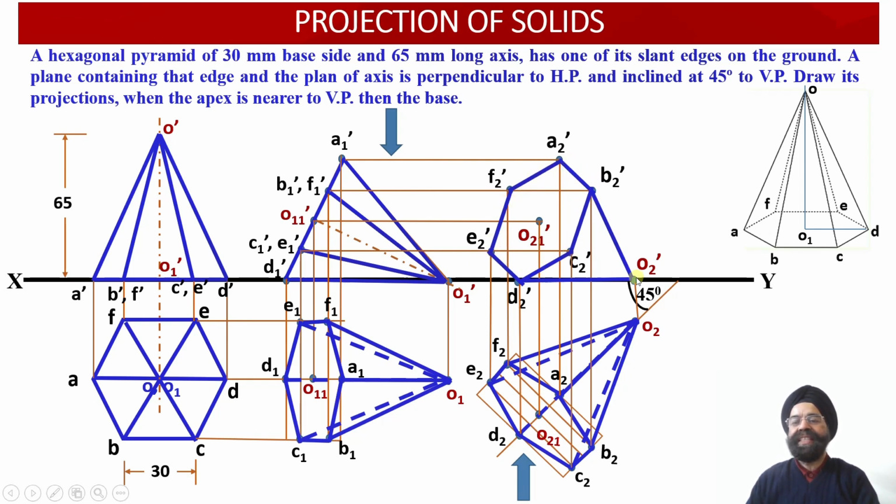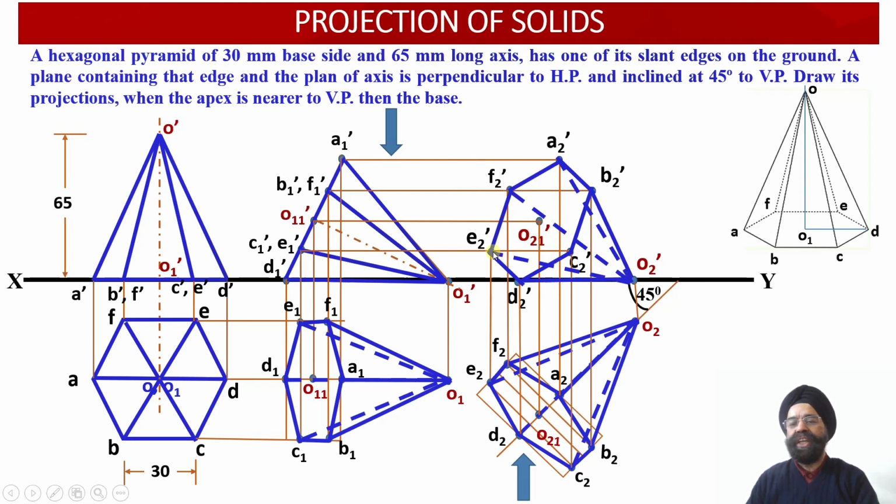Now we discussed that anything joining O2 dash should be joined dotted unless it is constituting the boundary. So please check, O2 dash, D2 dash is constituting the boundary. Similarly, O2 dash, B2 dash is also constituting the boundary. So these two boundary slant edges, O2 dash, D2 dash and O2 dash, B2 dash, are there. And then we can see O2 dash, A2 dash should be joined dotted. O2 dash, F2 dash should be joined dotted.